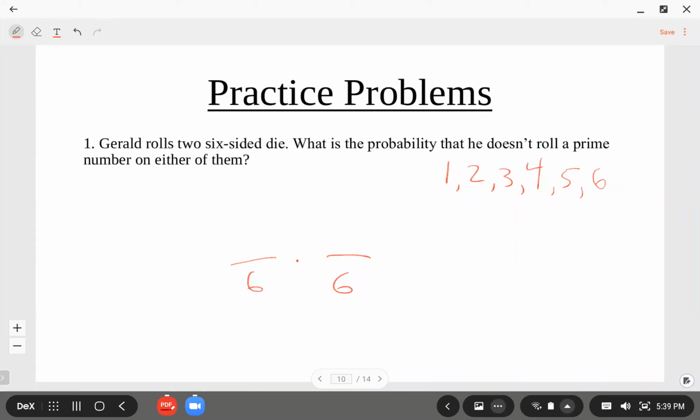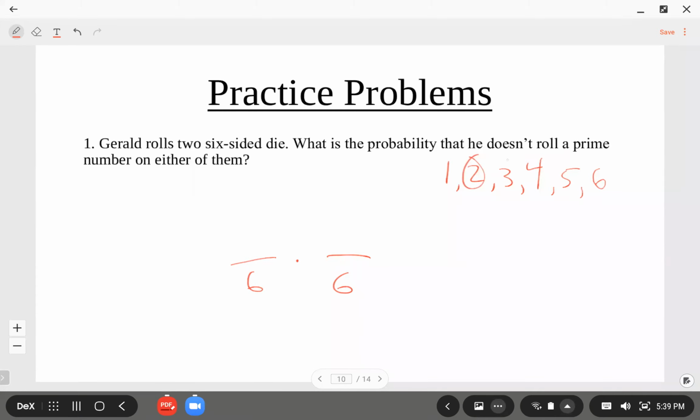And out of all these numbers, which of them are not prime numbers? He doesn't roll a prime number, so he wants to pick those that are not prime. But let's pick out the prime numbers first.